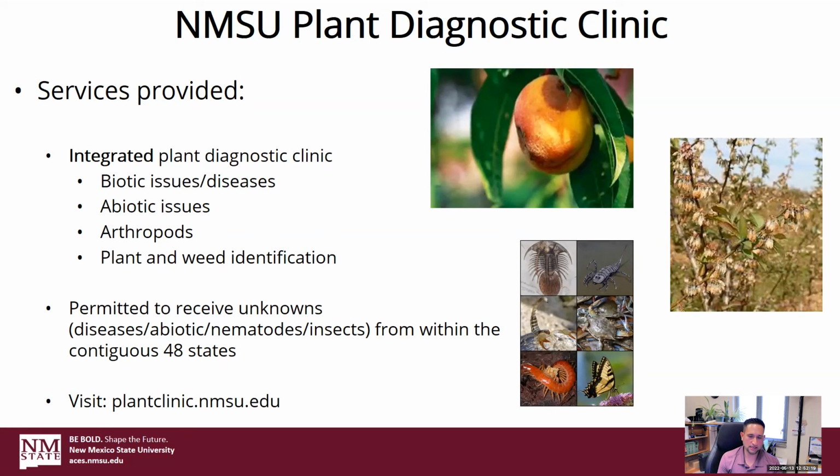We do take in insects and arthropods for identification, and then we take in plants and weeds for identification as well. We are permitted to receive unknowns. So any of these plant materials from within the contiguous 48 states, we're not allowed to take anything from Alaska or Hawaii.